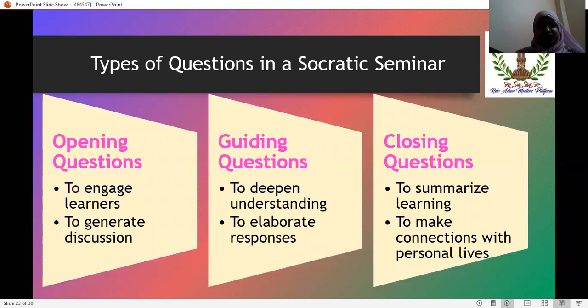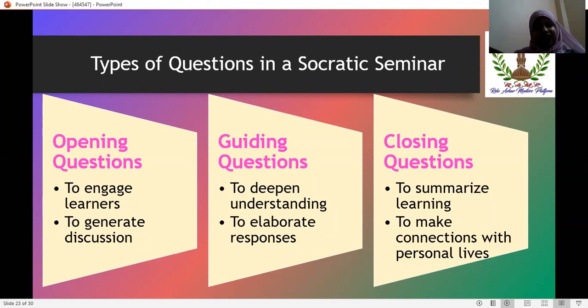Types of the questions. The opening question must be interesting, engaging, and it leads to more questions. The guiding question, to deepen understanding, means it's an analytical question. It depends on critical analysis to reach the higher levels of Bloom.